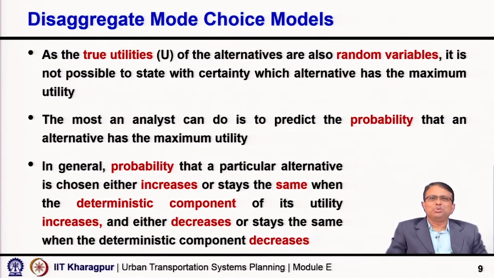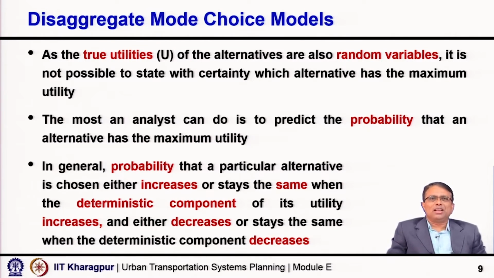The true utility includes an error term, and the error term is a random variable. So, once the error term is a random variable and the whole utility is random, based on only the deterministic component we cannot say which one is going to be the maximum. It is not possible, because there is an error term which can take any value following a certain distribution.